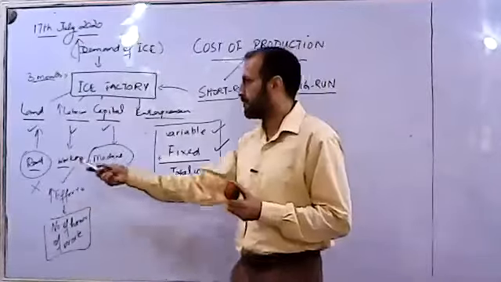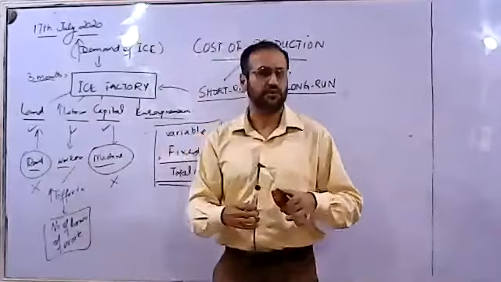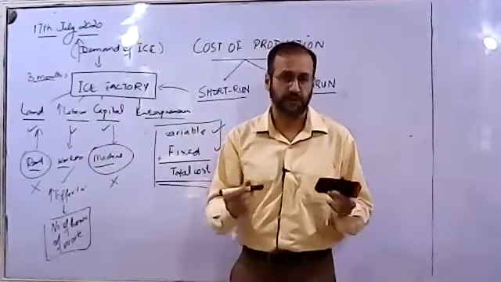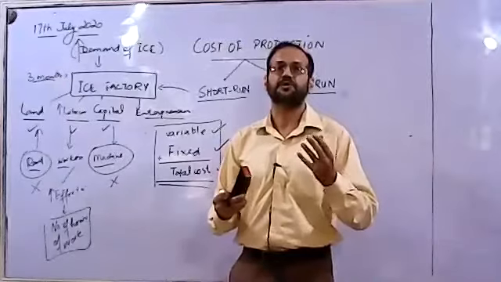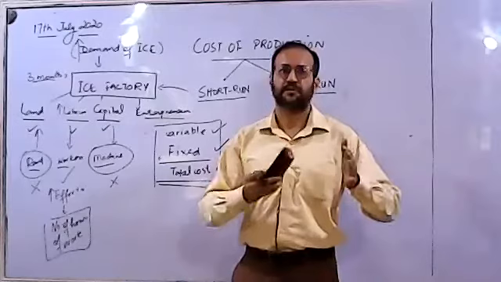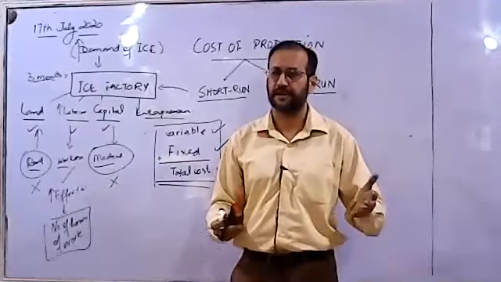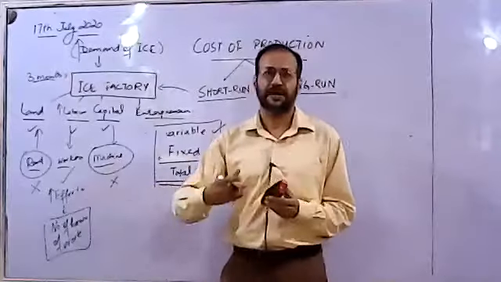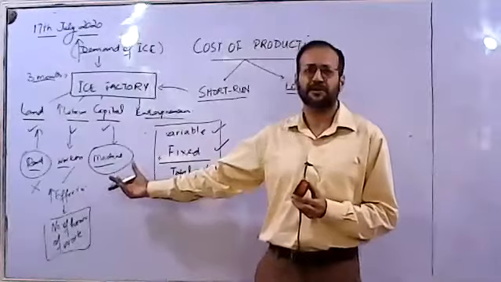For example, if you're hiring land, after 3 months you cannot dispose of it. Why? Because when land is rented out, you need to sign a contract. So before that 1 year contract ends, you cannot withdraw and dispose of your building, right? And for the machines, you can buy more machines, but in the short run, if they work only for 3 months, it's not a good idea.